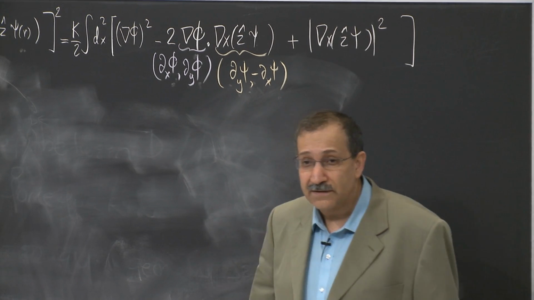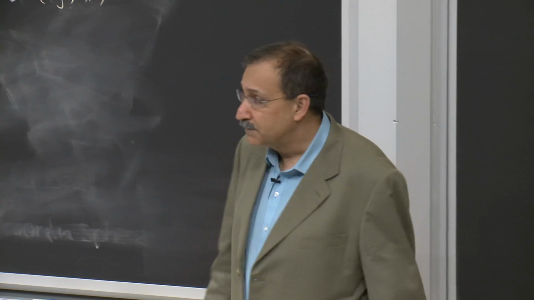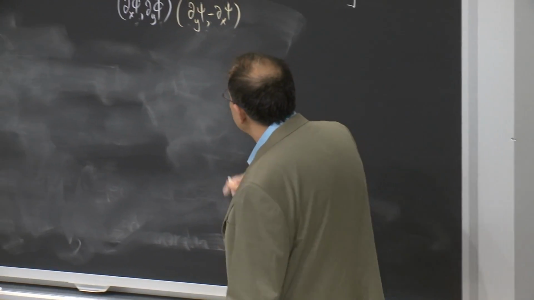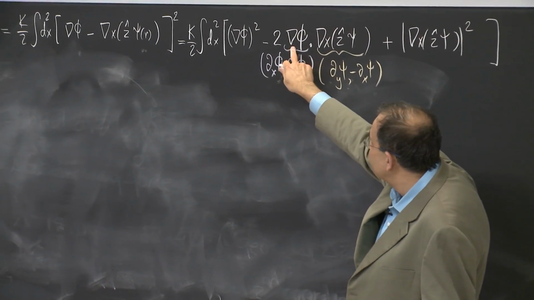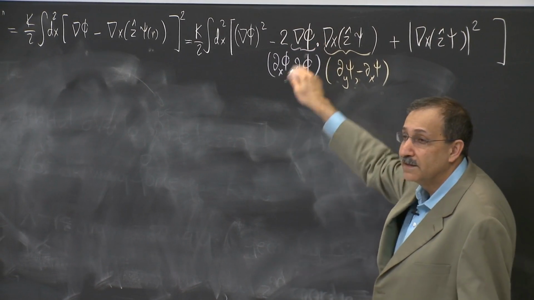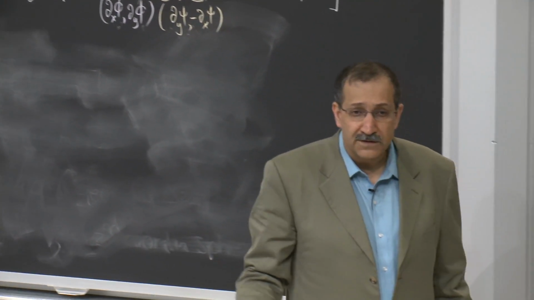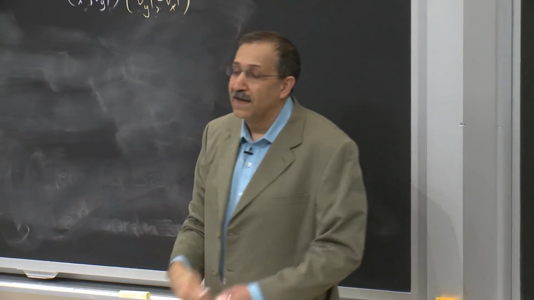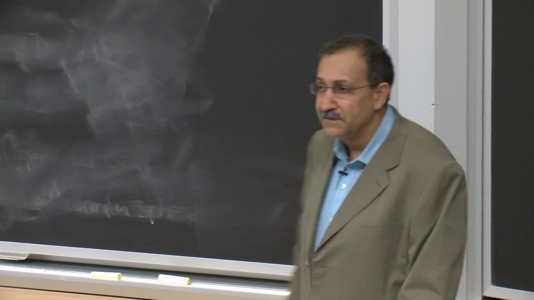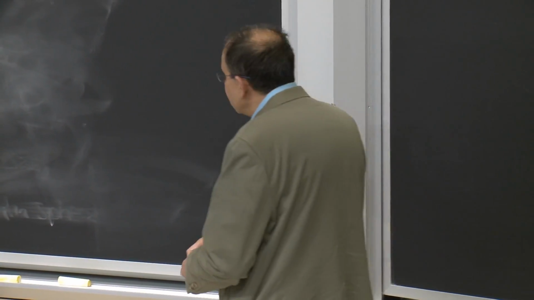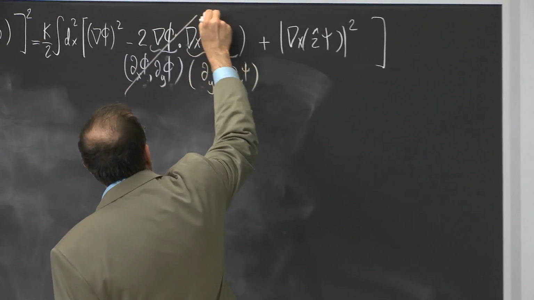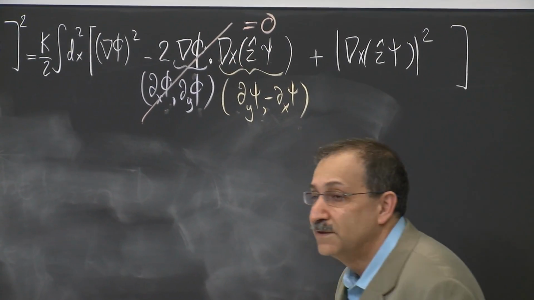So if I do integration by parts, this will disappear. Another way of seeing that is that the gradient will act on the curl, and the gradient of the curl of a vector is 0. Or otherwise, the curl will act on the gradient, will give you 0. So basically, this term does not contribute.